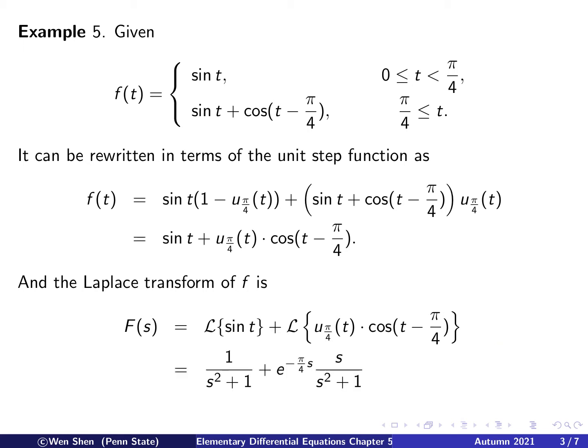Okay, so therefore we reach our answer. The Laplace transform of sine is 1 over s squared plus 1, and the Laplace transform of this shifted function is the transform of cosine, which is s over s squared plus 1, times this exponential function caused by the shift, e to the negative pi over 4 s.